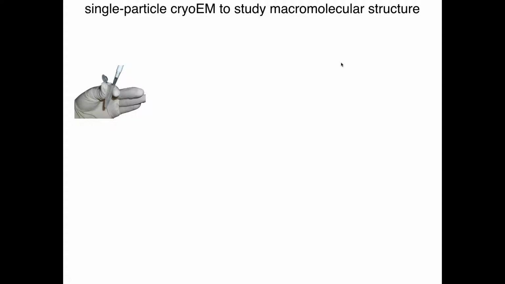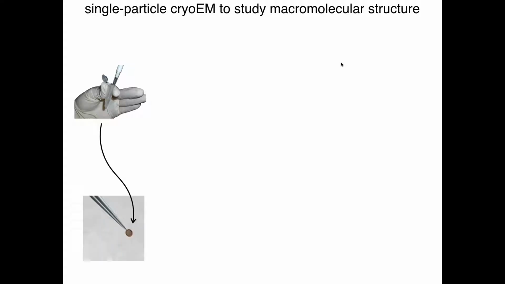We do this using single particle cryo-EM. Traditionally, it's been done by X-ray crystallography. We're now doing this by cryo-EM. Very briefly, the way cryo-EM works is you purify a specimen from cells.